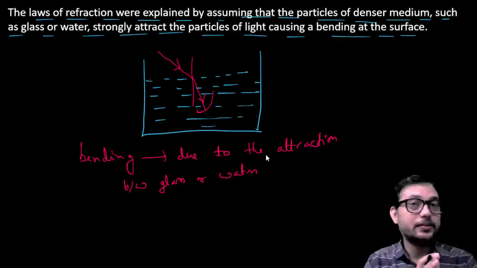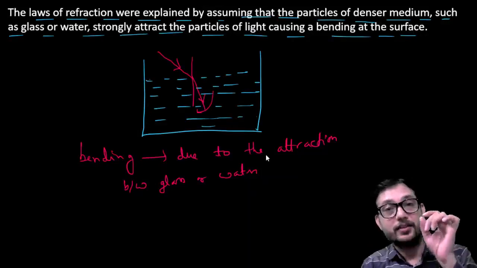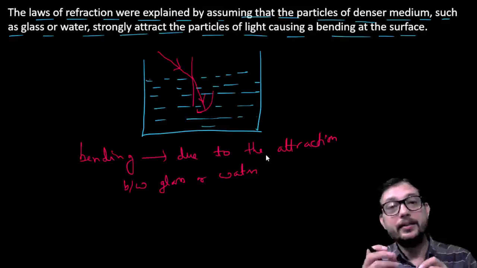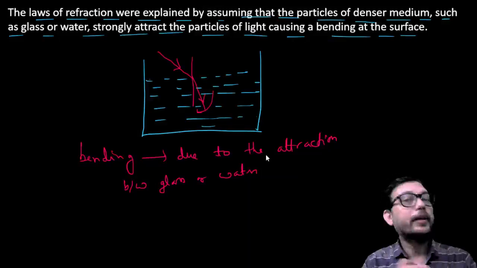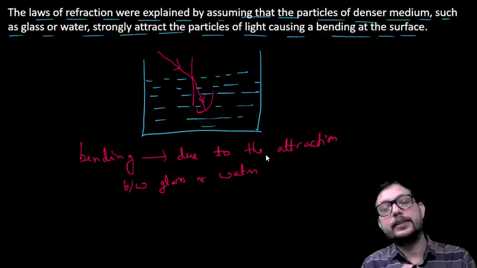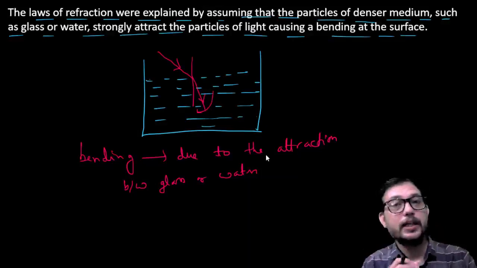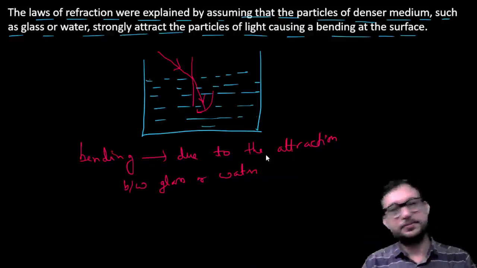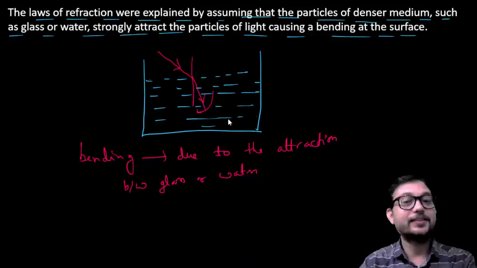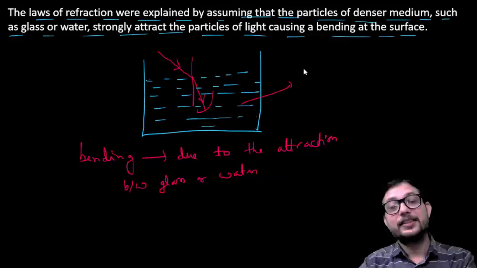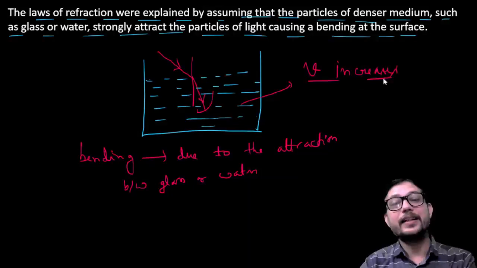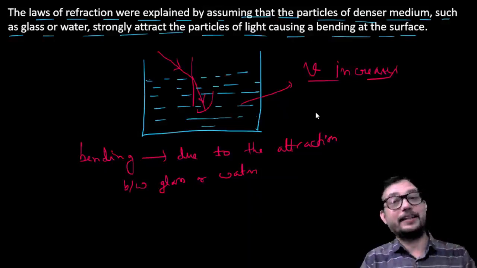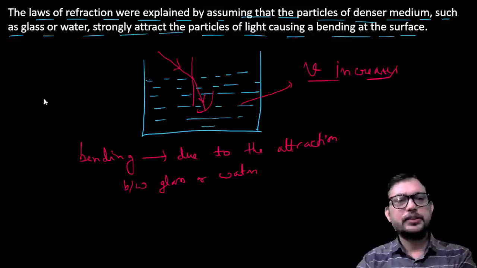So light is made of corpuscles. It means a corpuscle is coming and we have glass or water or whatever. So we have two different media, and different molecules have a force, the adhesive force, and due to that force of attraction it bends, and as a result we say that the speed of light increases, because there is a strong attraction.